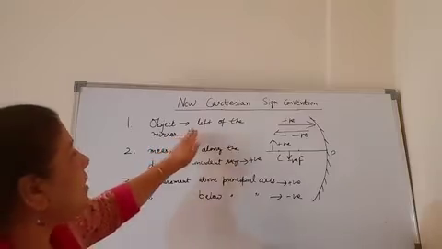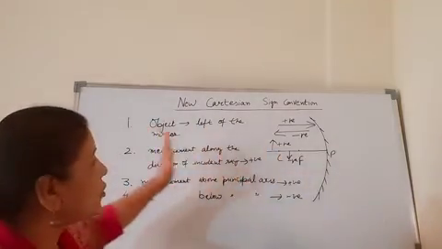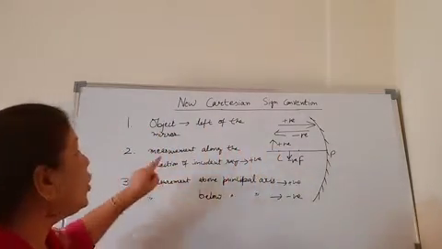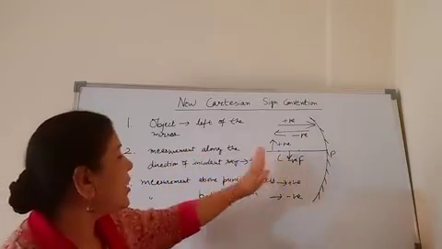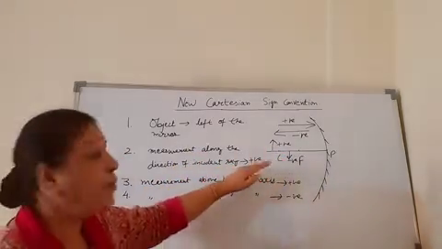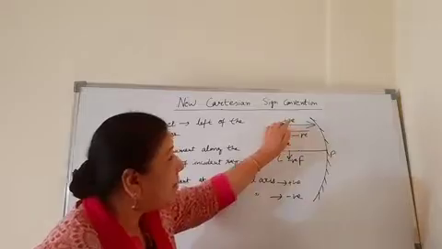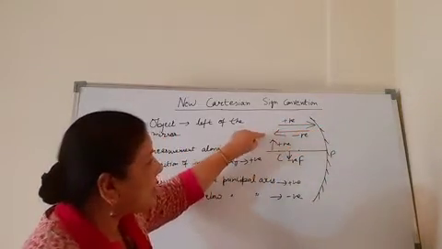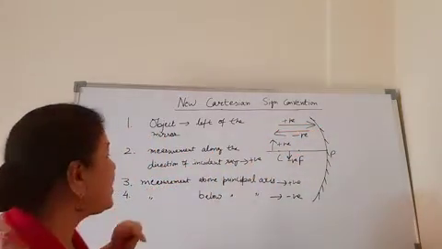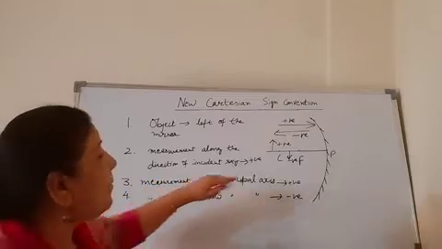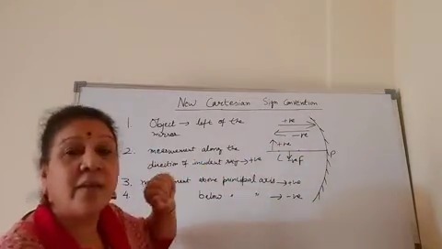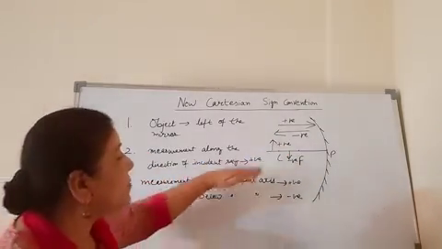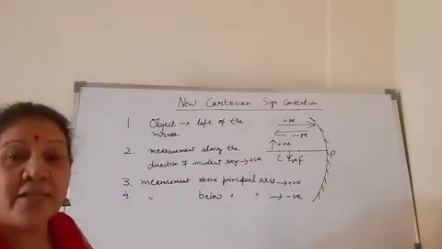One, the object is to be placed to the left of the mirror. Two, the measurements along the direction of the incident ray are taken to be positive, this direction, plus x axis; minus x axis, opposite to that, is taken as negative. Measurements above the principal axis are taken as positive and measurements below the principal axis are taken as negative.